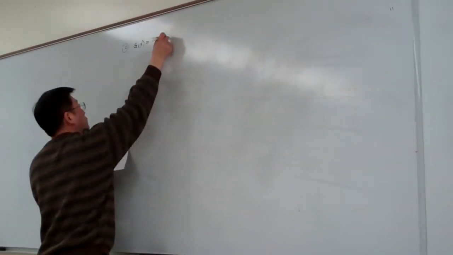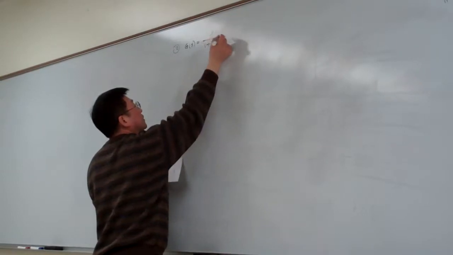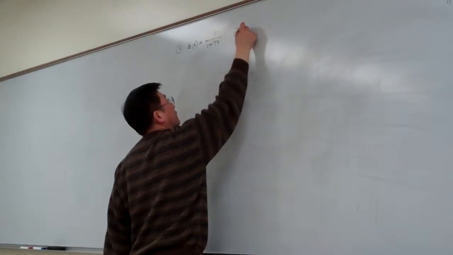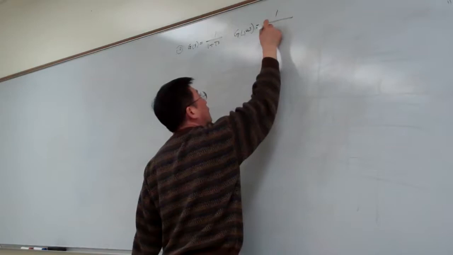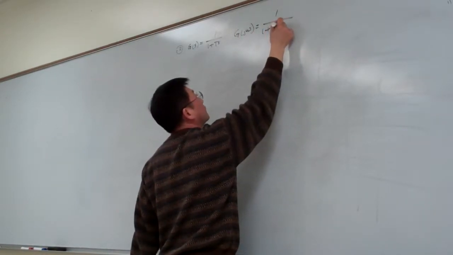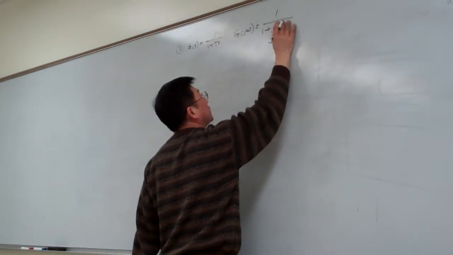G(s) will be equal to 1 plus Ts. So G(jω) will be 1 plus jωT.